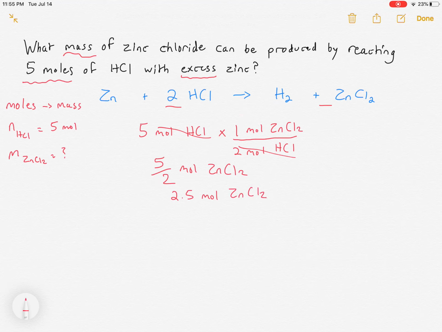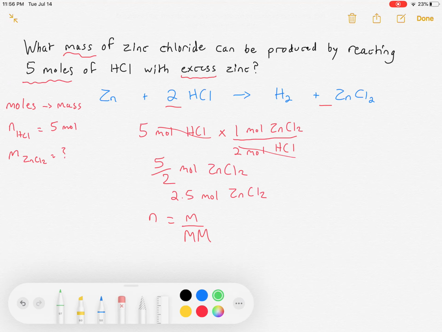Then we are told, okay, we have moles now, so what are we going to do with the mass? How are we going to find that? So to find that, we're going to need to use our equation, moles equals mass over molar mass, and that's just how I like to write it out. And we want to find mass, so we have to rearrange this equation.